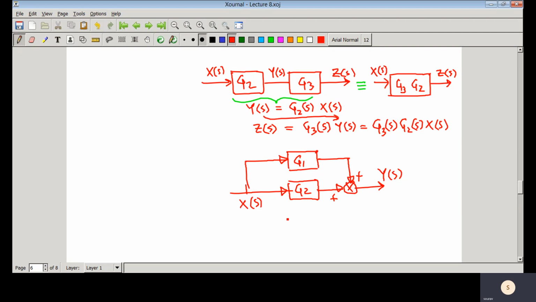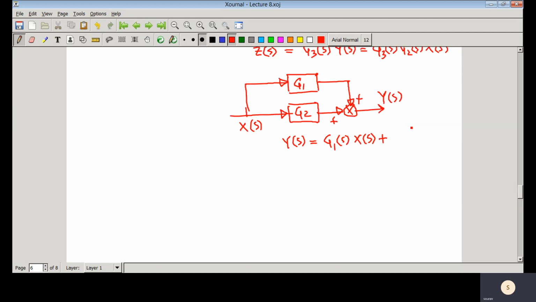What would be your YS? YS equal to G1S XS plus G2S into XS. That means you can write G1S plus G2S into XS. In all the block diagrams I am not showing S, so you should not be confused. Here I write S, but here I have not written S. So basically that is G1 plus G2.